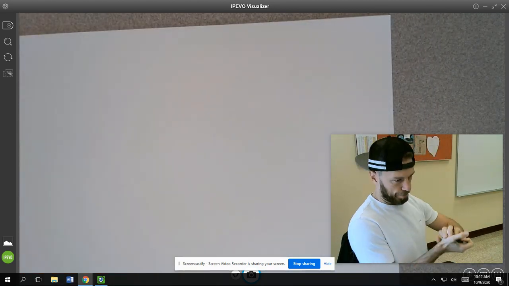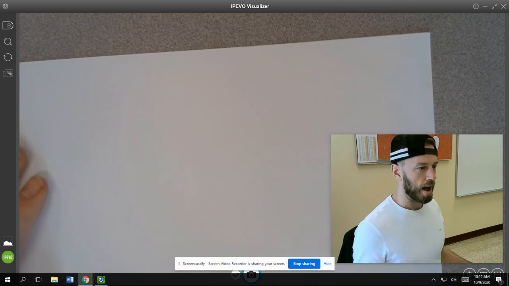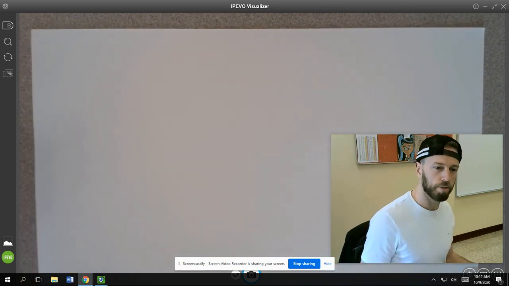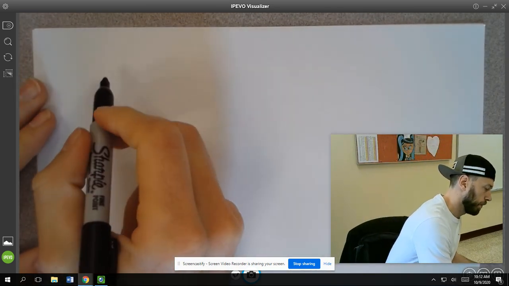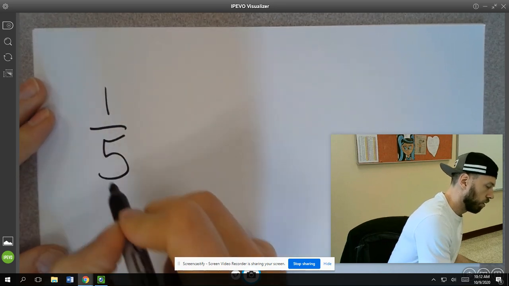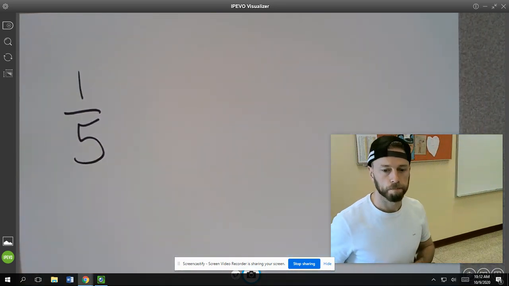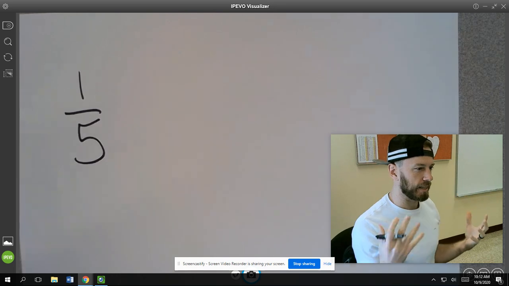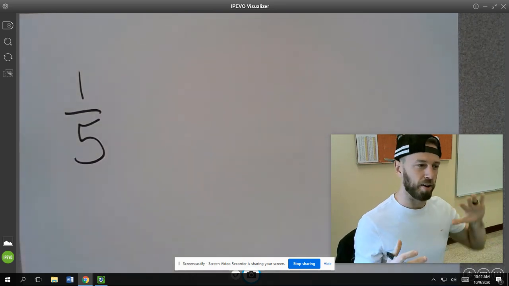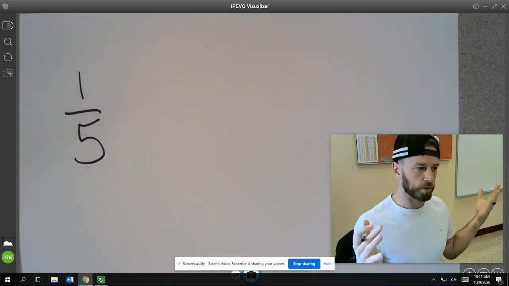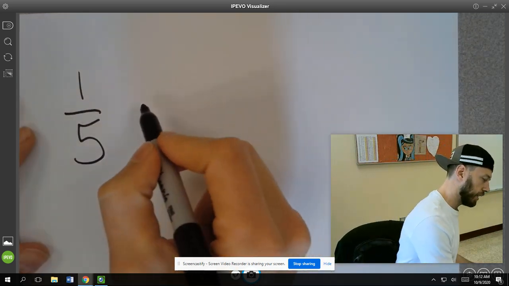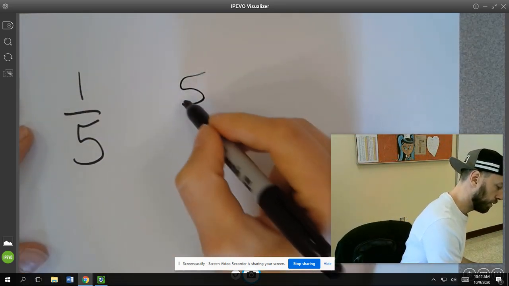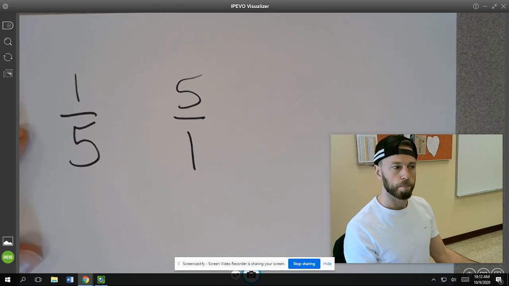Now, what if I asked you what the reciprocal of, say, 1/5 was? Hopefully now we're getting into this idea that it's just about flipping the number to give us what the reciprocal is. And in this case, the reciprocal of 1/5 is 5 over 1.